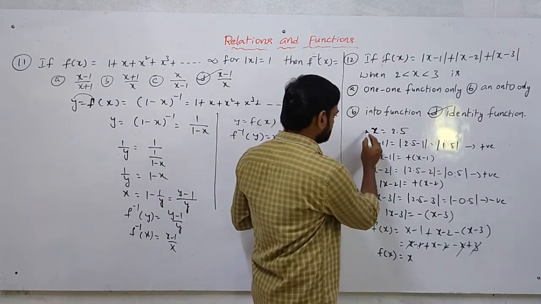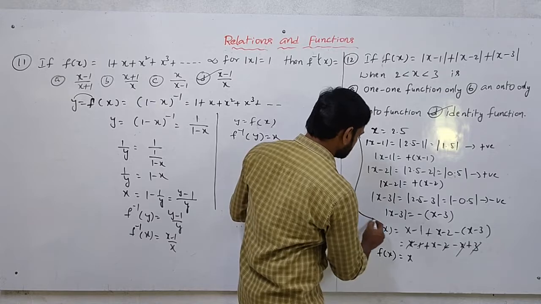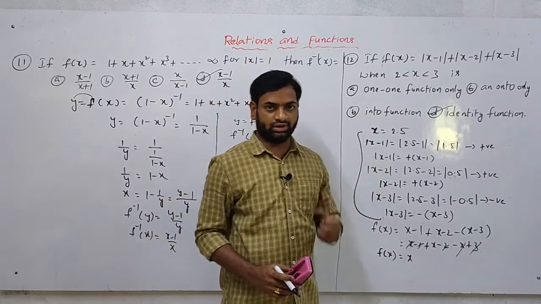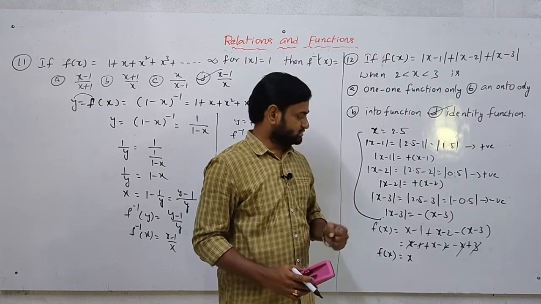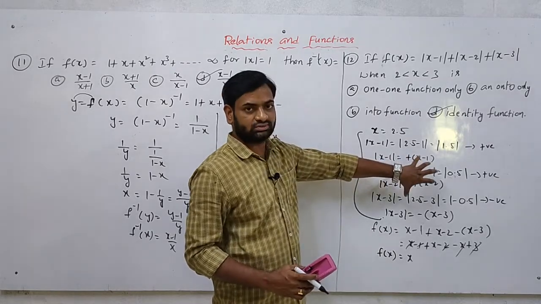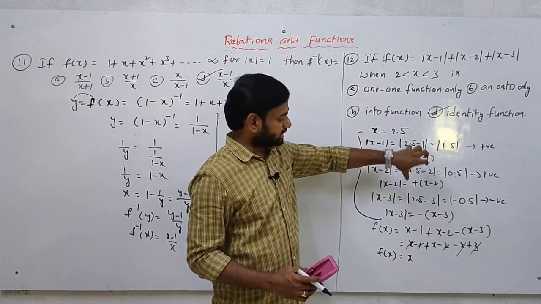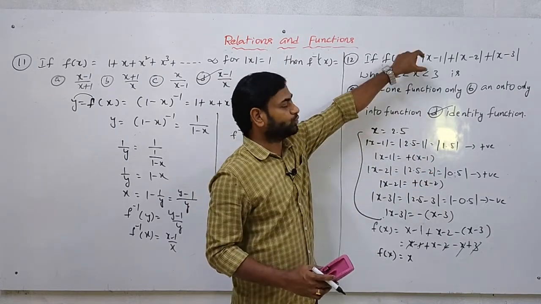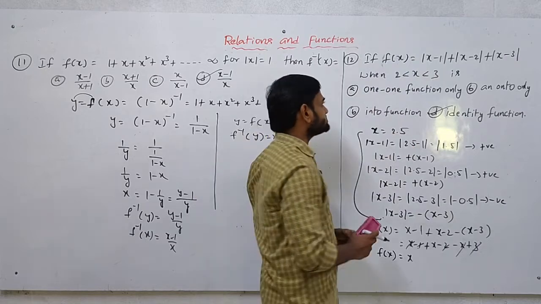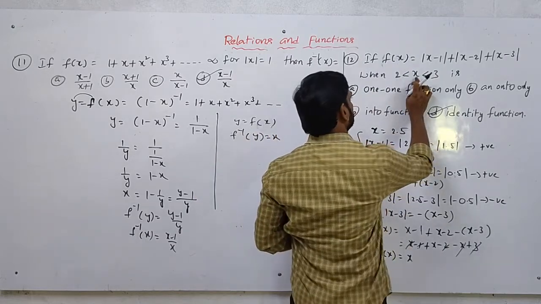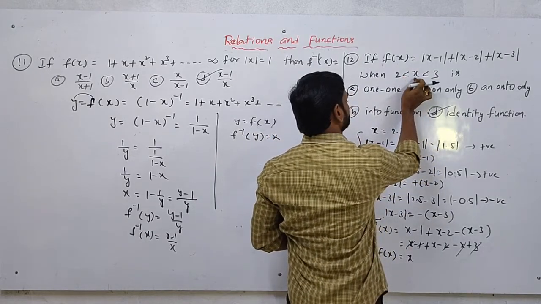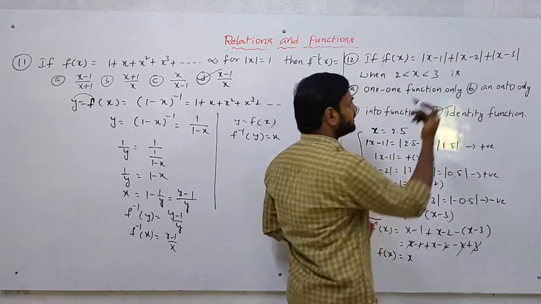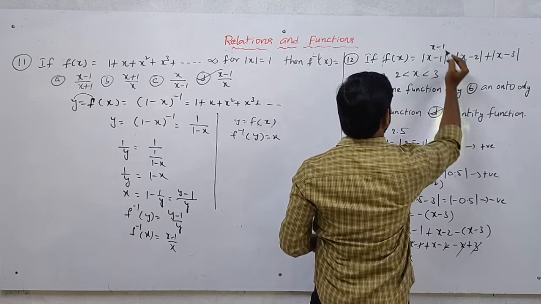So this calculation, up to here, you have to do in your mind only. I just wrote it here to show you, that's it. But you have to calculate in your mind. Suppose x value is between 2 to 3, that means 2.5. So 2.5 minus 1 is positive, so it is plus x minus 1.